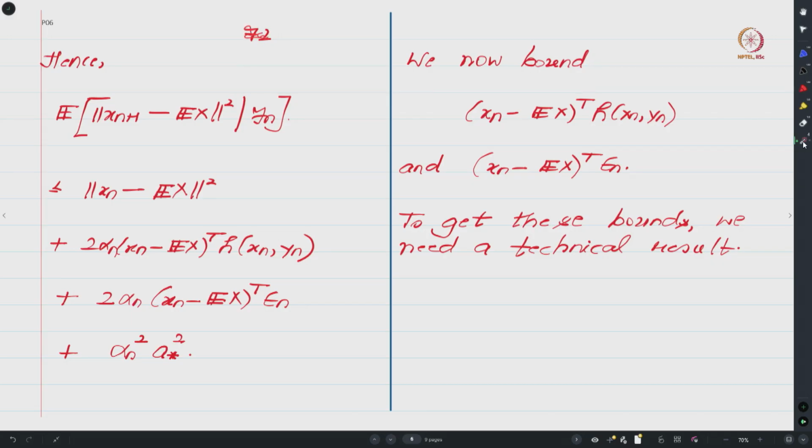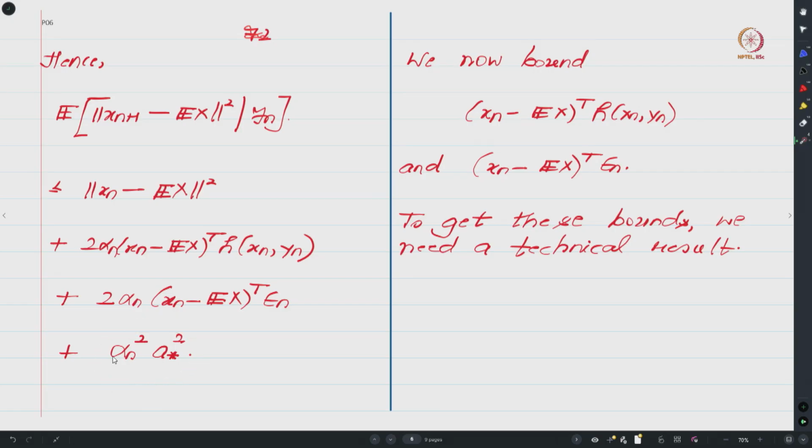What one can see is that the left hand side whose upper bound we want to find is upper bounded by this term; we have not touched this term, and this term also we do not touch, but there were 2 other terms. One of the terms had conditional expectation 0, so that vanished, and then there was this last term where we showed that it is upper bounded by alpha n square times A star square.